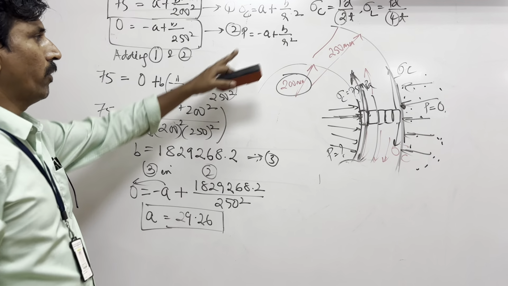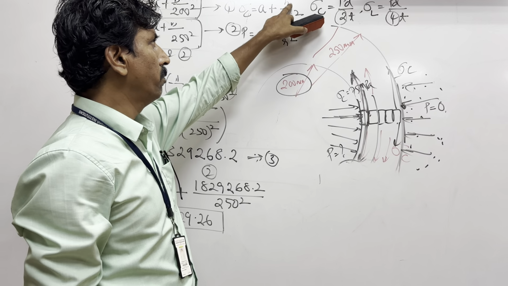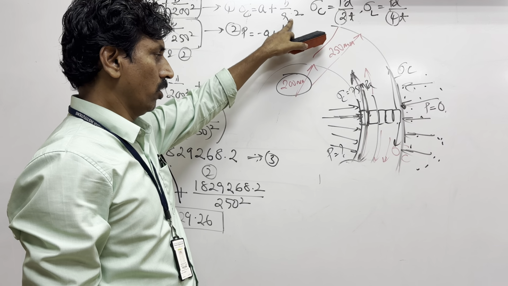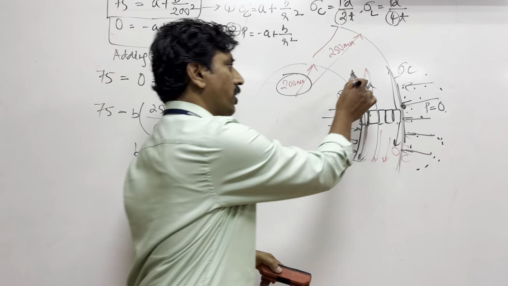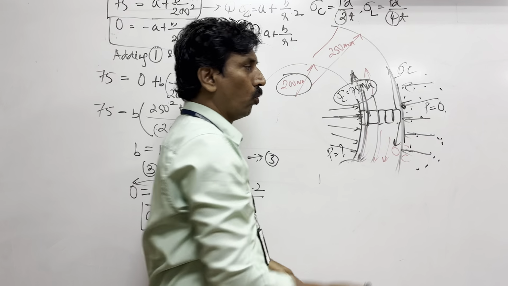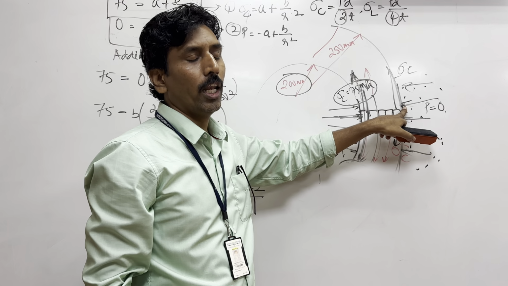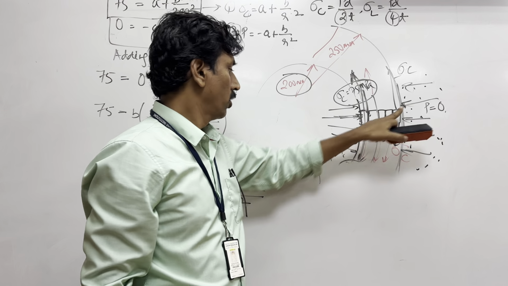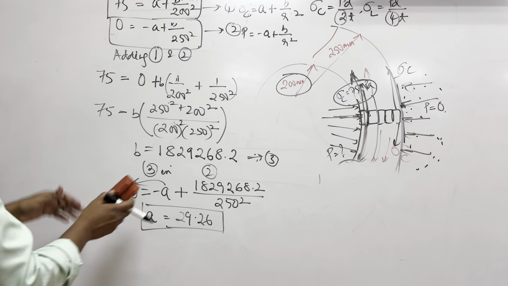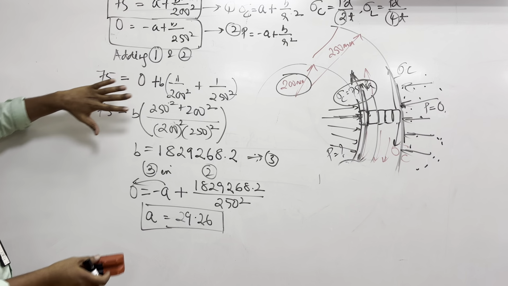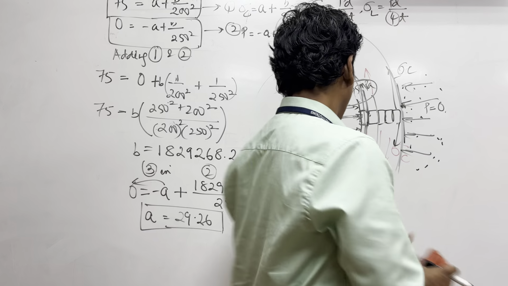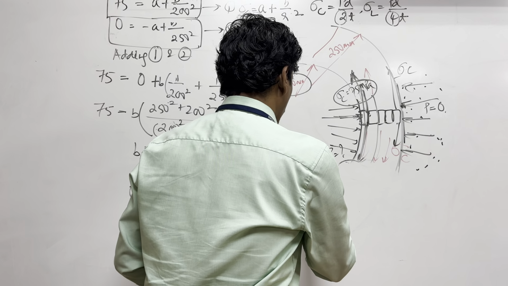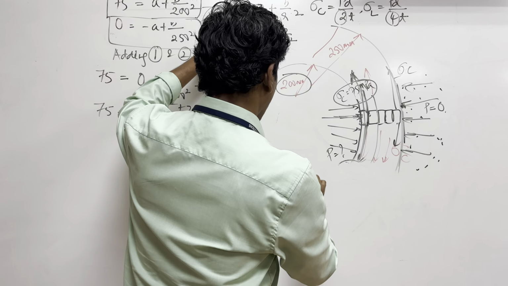So now I can substitute these values of A and B along with radius. Here I know only sigma C inside. What is the sigma C outside if you want? Shall I erase this part? Is it visible? Okay, so now I'll go for the sigma C value.